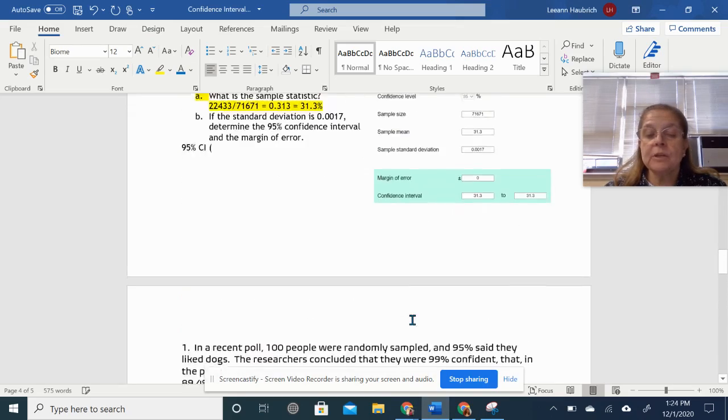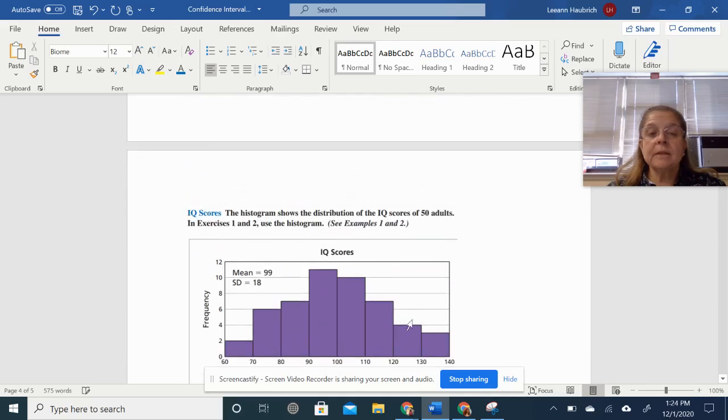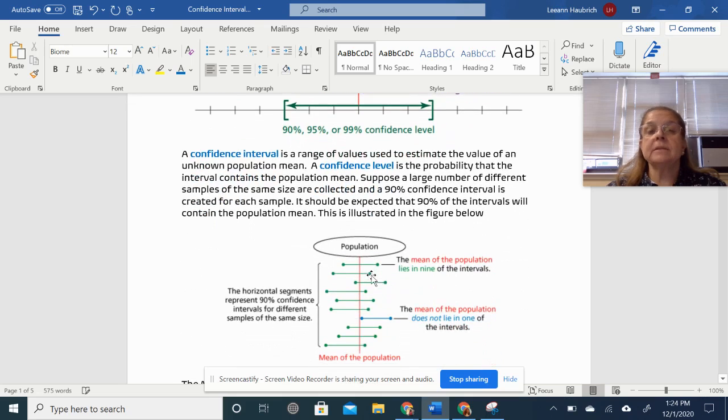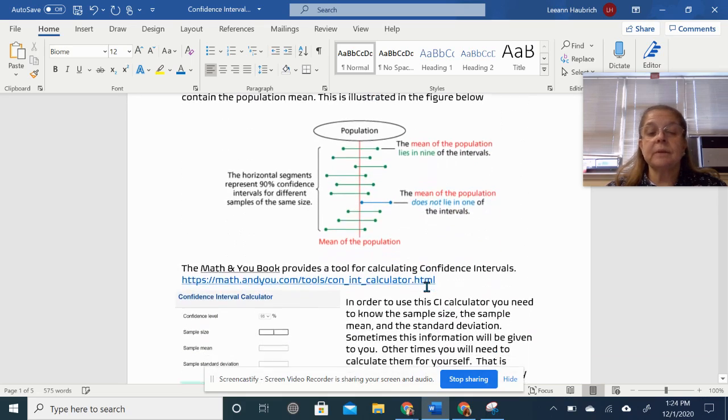So let me go back to the very first picture that I showed you on here. The mean is going to be right smack in the middle of the confidence interval. The margin of error is going to be half of it. It's the distance from the mean to the end of the confidence interval. So all of these things are related.